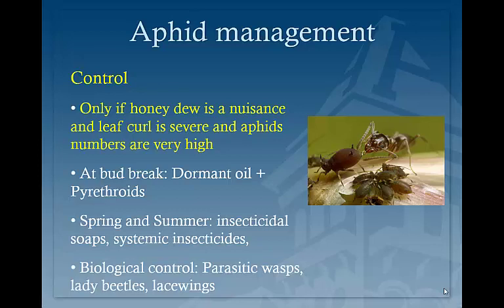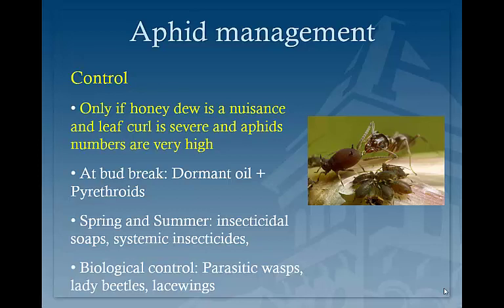In the spring and summer, insecticidal soaps, even just a stiff spray of water. They're very soft-bodied insects, and so you can really bring down that population quite well. With the insecticidal soaps, that helps to take away some of the waxes off of the insect. It also takes away the surface tension of the water so that the insects actually are enveloped by the water and they drown. So that can be a way that actually helps with suppressing aphids.